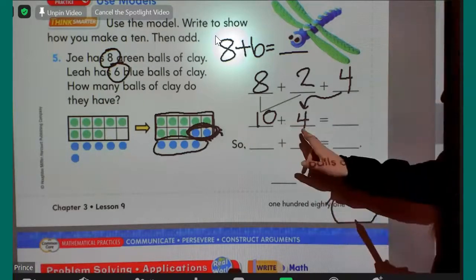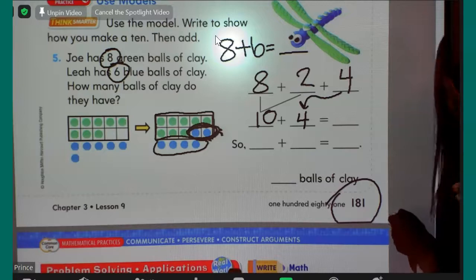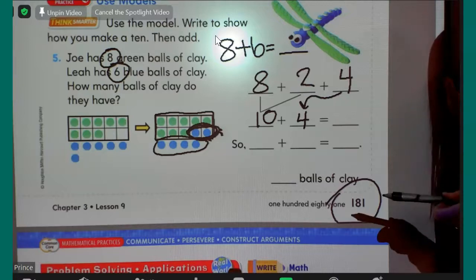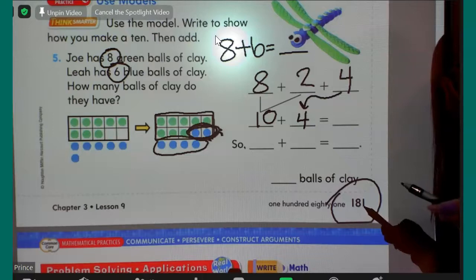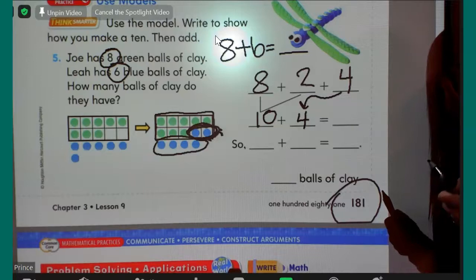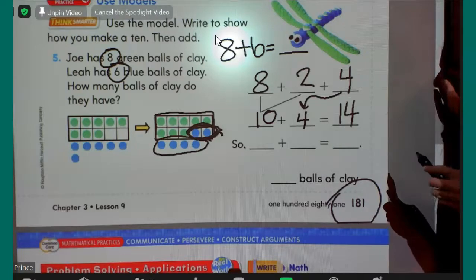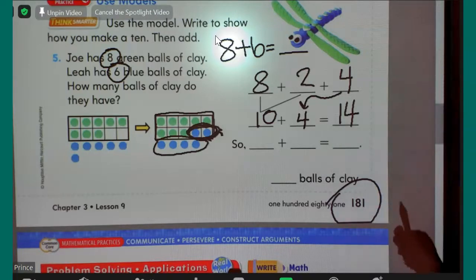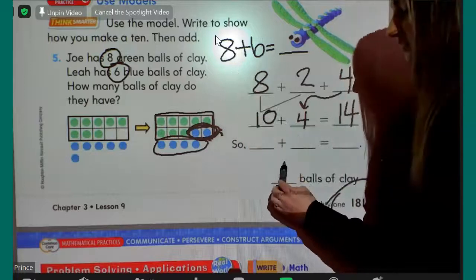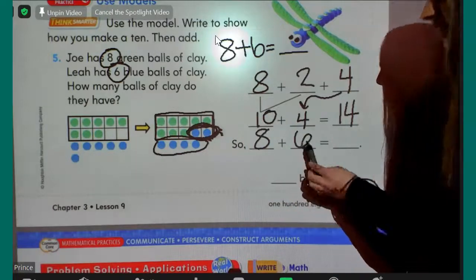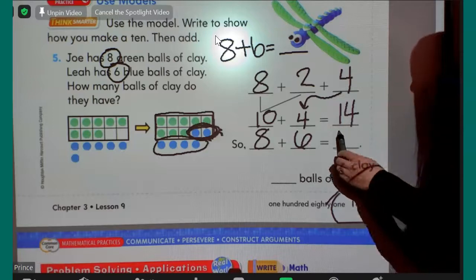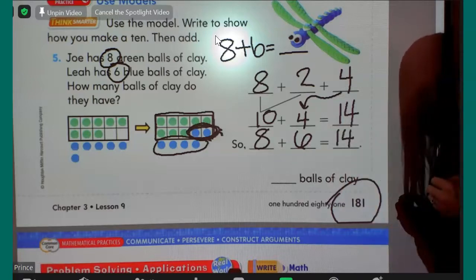So they want to know, what is 10 plus 4? 12. That's small. 14. Good job. So they want us to know that 8 plus 6 and 10 plus 4 are both going to give us 14.